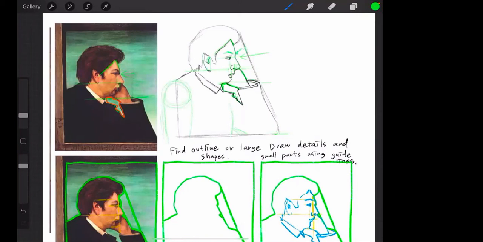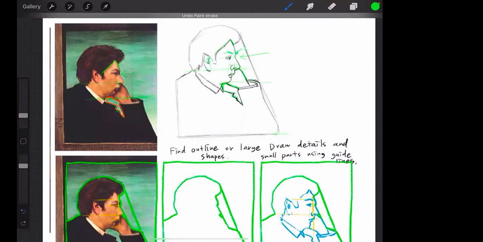Or for the shoulder, we can add more body parts. But this is good. So you can just draw the big shape for the body. Good.